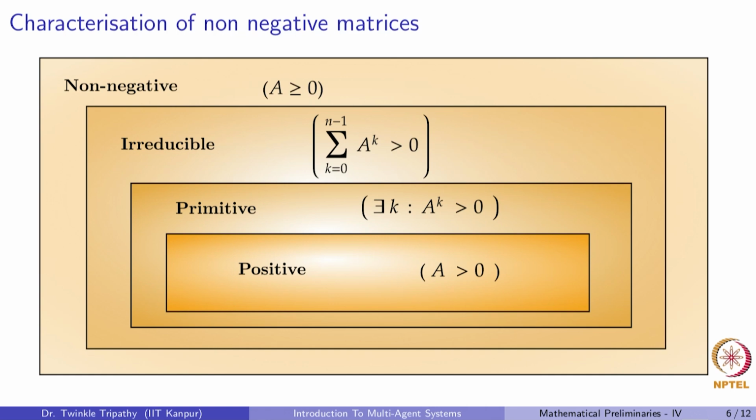Let us now see a characterization of the set of all non-negative matrices that one can take, and where the primitive and irreducible matrices fit in. So this chart gives the answer. Now the largest set that we have is the set of all possible non-negative matrices. Within this set, the second largest set is the set of irreducible matrices, and inside of it is the set of primitive matrices.